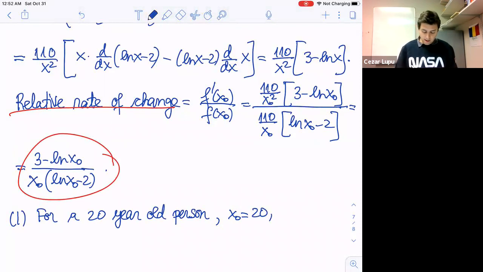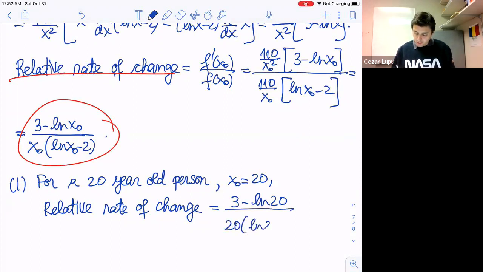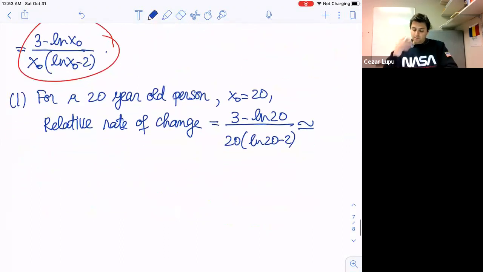We have that the relative rate of change is nothing else than 3 minus ln of 20. So we just replace x naught by 20, over 20 times ln of 20 minus 2. And this would give me, well, approximately, let's see, let me see.